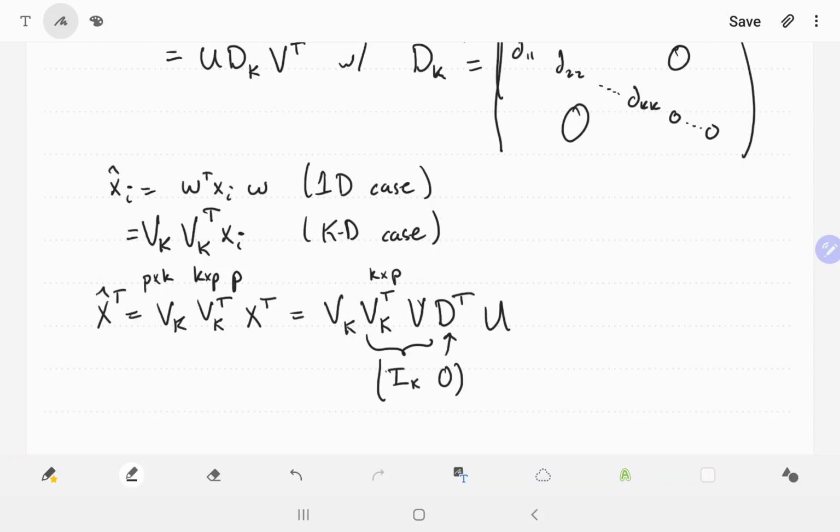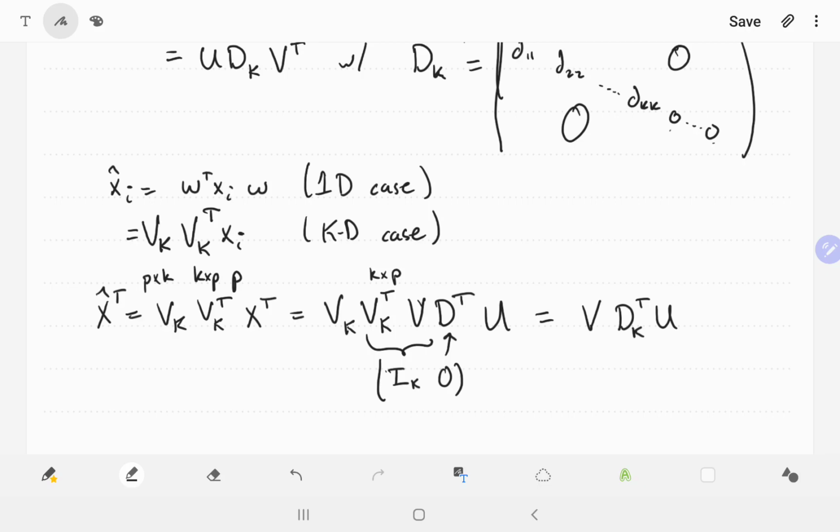So we can just write this as equal to V d sub k transpose U, because d transpose times V sub k is just ignoring the remaining eigenvectors in V, and d sub k, truncating the eigenvalues, has the same effect because these zeros multiply those eigenvectors, so you might as well just leave them in there.